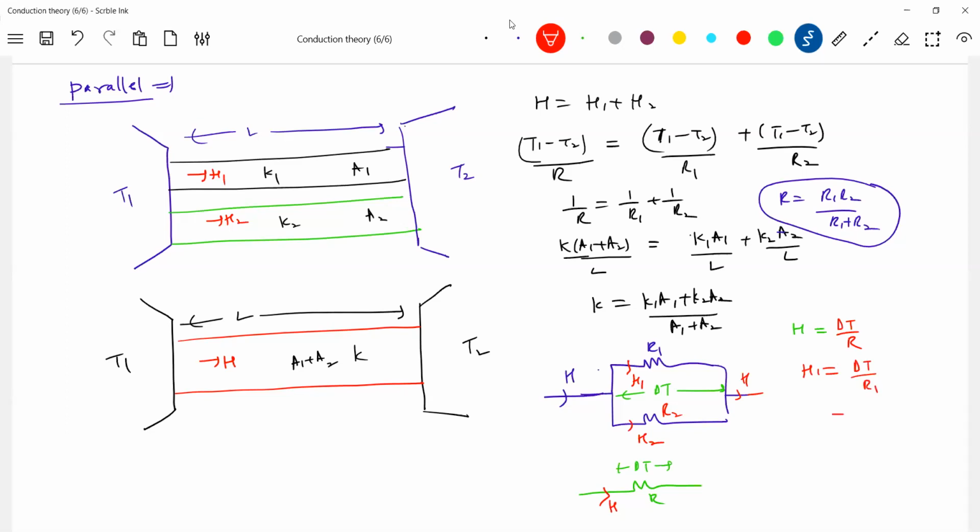So delta T I can write as H into R. Substituting this, H1 is equal to H R by R1. What is R? R is equal to R1 R2 by R1 plus R2.